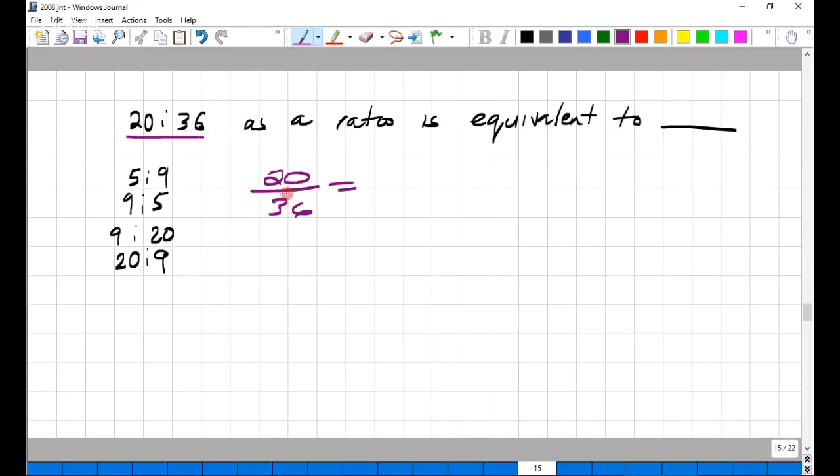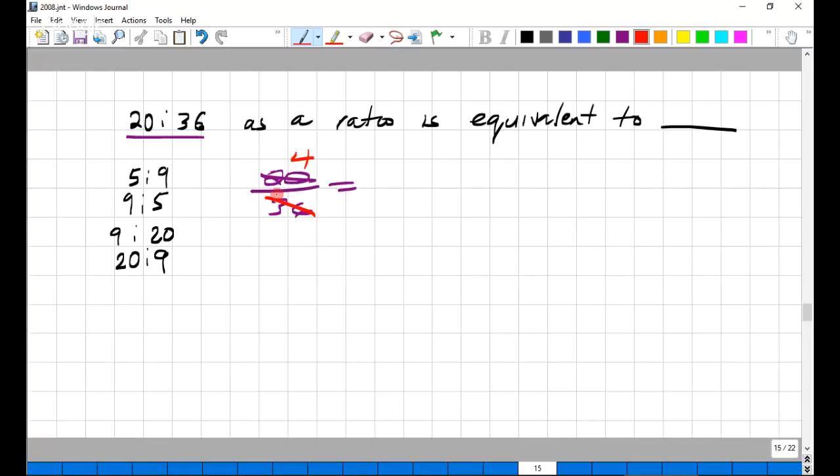What number could we use? Sir, you would use 5. 5 into 20 goes how many times? It should actually go 4 times. And 5 into 36?